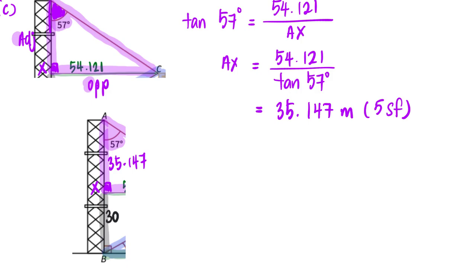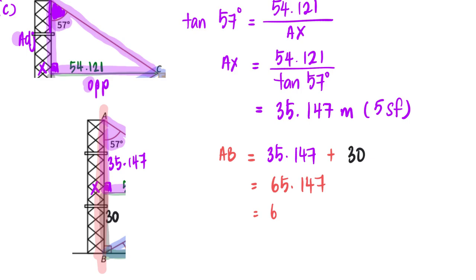And so the final answer, my AB, which is the height of the tower, will be equal to 35.147 plus 30. To give me the final answer 65.147, final answer 65.1 meters, 3 SF.